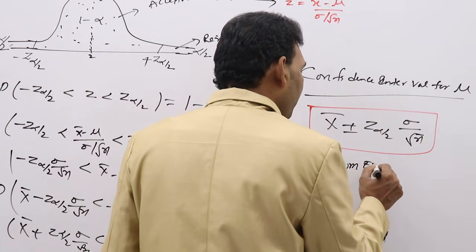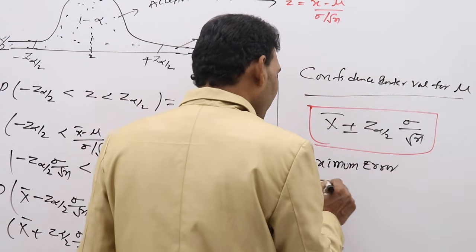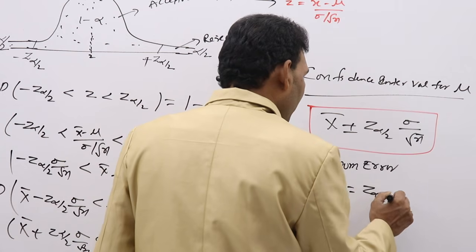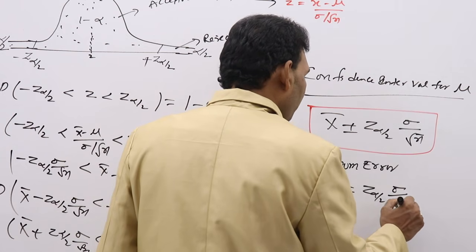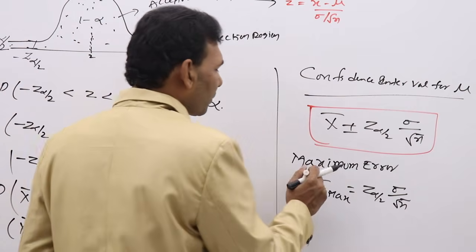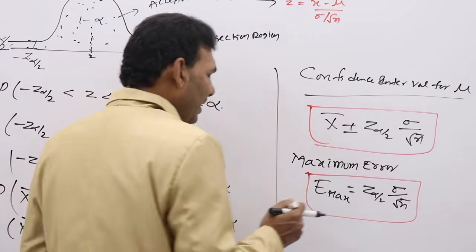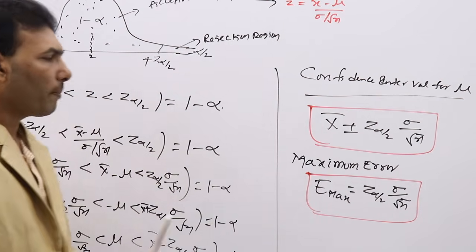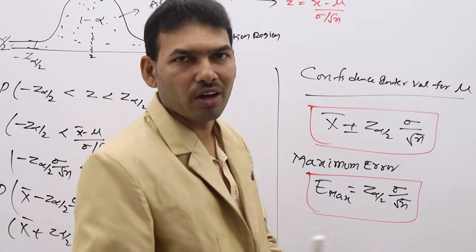Maximum error, that is E max. The formula is z alpha by 2 into sigma by root n. So this is the formula to calculate the maximum error of estimate for a large sample.